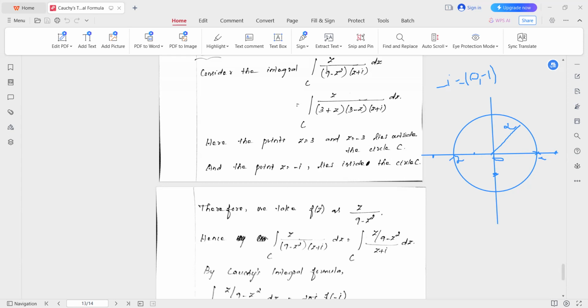Here f of z was z, and by taking 9 minus z square into the numerator part, we changed f of z to z by 9 minus z square. Whichever points lie inside the circle remain in the denominator part. If the denominator has a product of two linear factors, then you have to do the partial fraction. These are the things you have to remember when you evaluate the integral using Cauchy's theorem and Cauchy's integral formula.